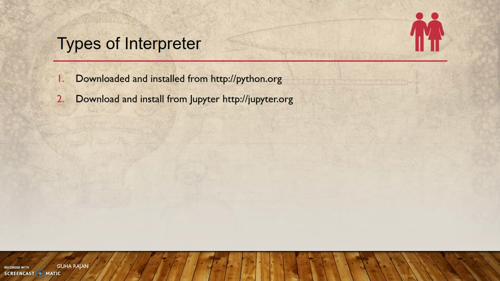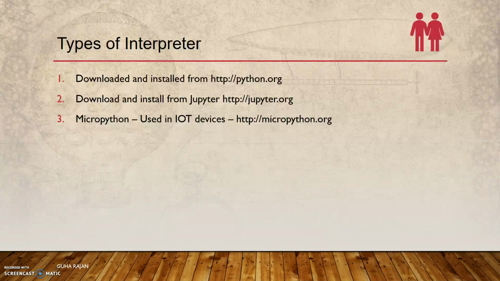And not only for machine learning, in fact, Python is extensively used in IoT devices as well. In fact, Raspberry Pi, you know why it is called Raspberry Pi? The Pi stands for Python. Of course, Raspberry Pi doesn't use MicroPython.